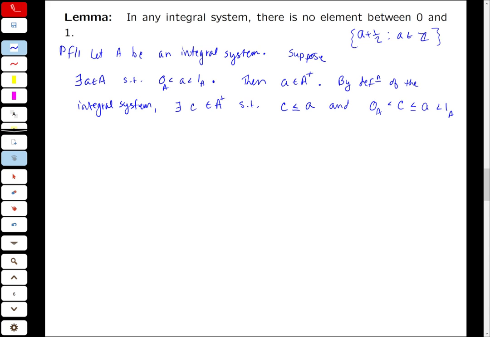What happens when I multiply? Multiply these right here by C, I get 0 times C is less than C squared is less than or equal to C times A is less than C times 1.